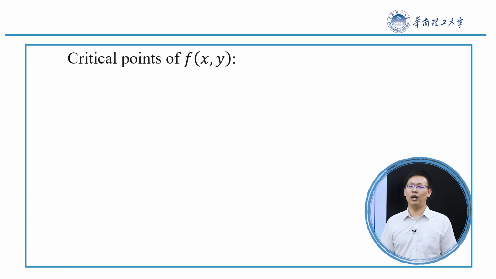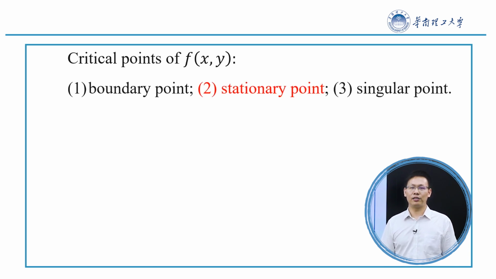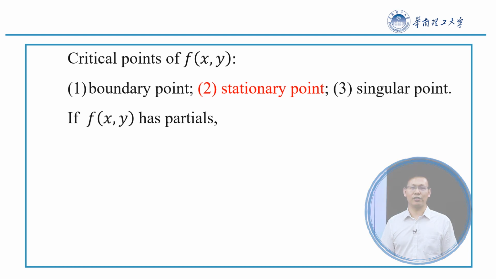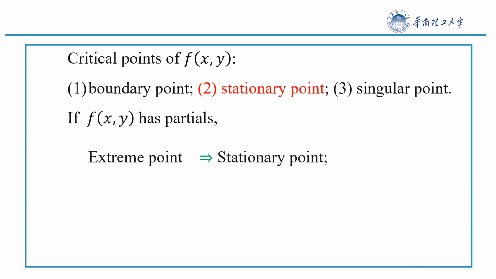According to the existence of extreme value theorem, for a continuous function on some closed and bounded set, the extreme point is either a boundary point or a stationary point or a singular point. If f(x, y) has partials, the extreme point is a stationary point too, but a stationary point is not necessarily an extreme point.